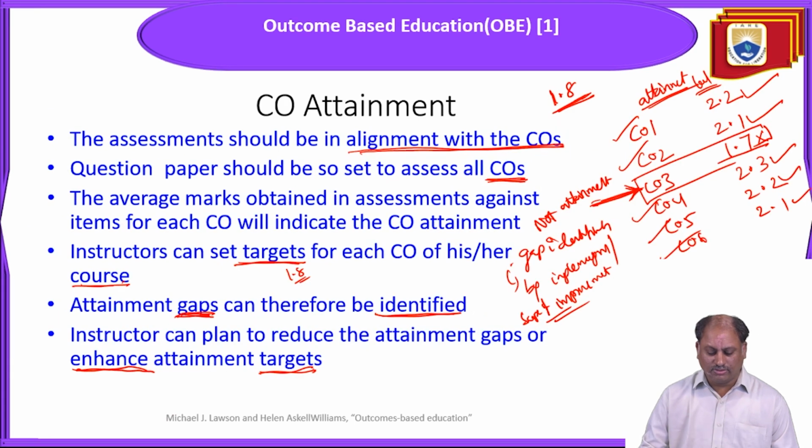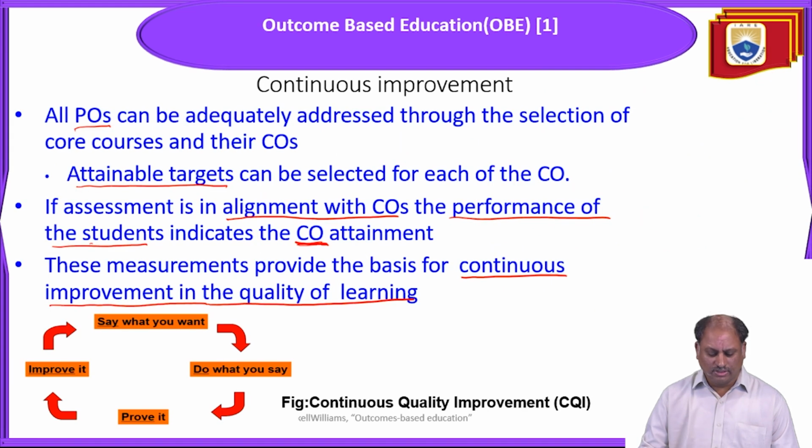So in this way, we have to find the attainment for both direct and indirect assessment, and these are to be planned in such a way that they can be implemented. First we have to plan the description of that particular course and check whether they are aligned or not.